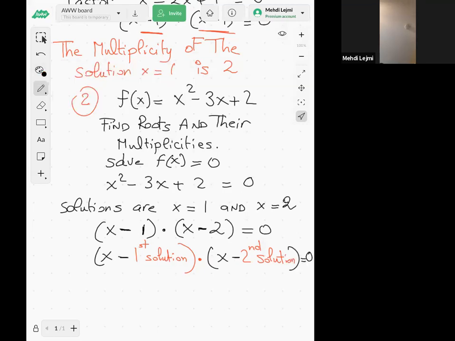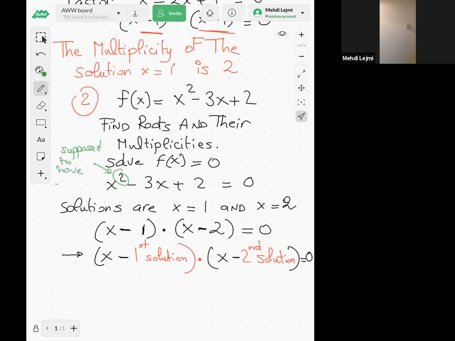So when you factor, guys, you see how I factored this x squared minus 3x plus 2. Again, it's a square, so we are supposed to have two solutions.